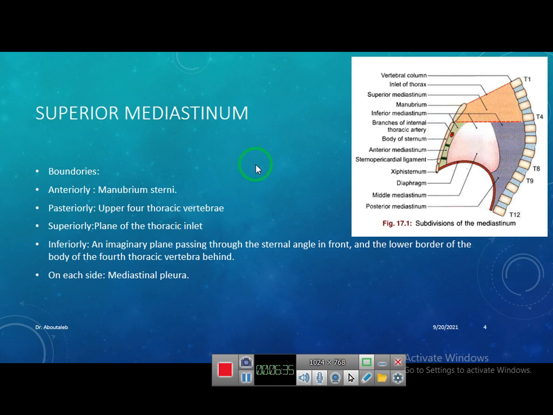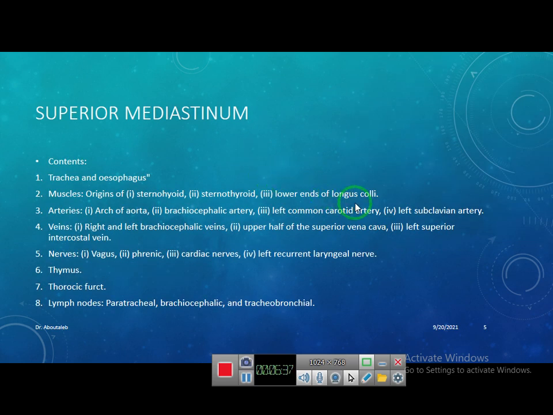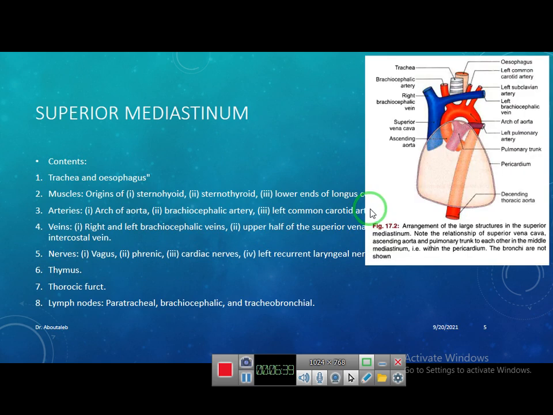So how about content? What is the content of the superior mediastinum? There are some very important structures, especially vessels and tubes, in the superior mediastinum. Look at the pictures.